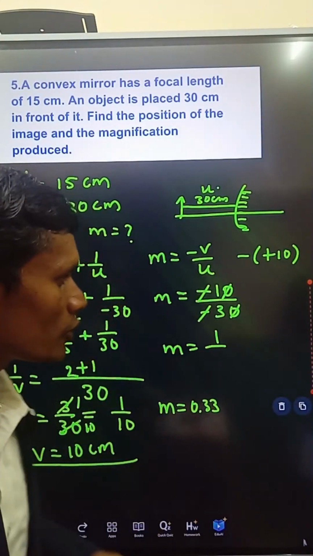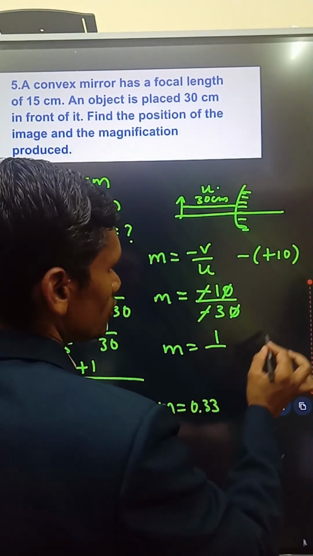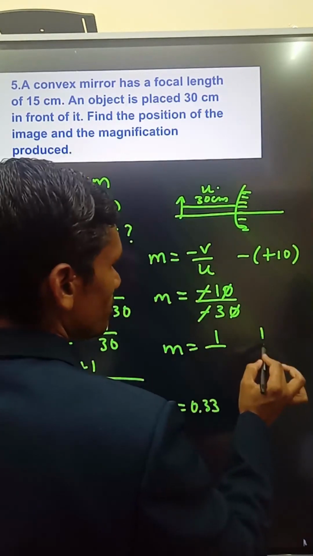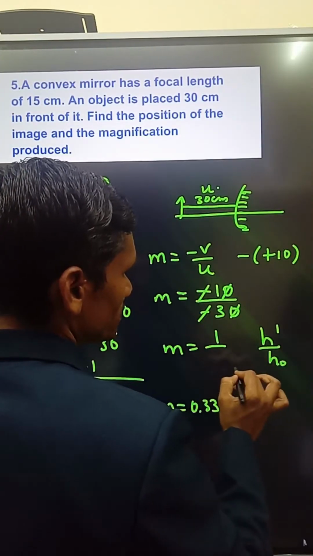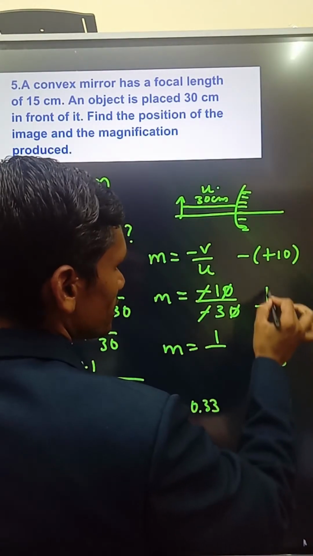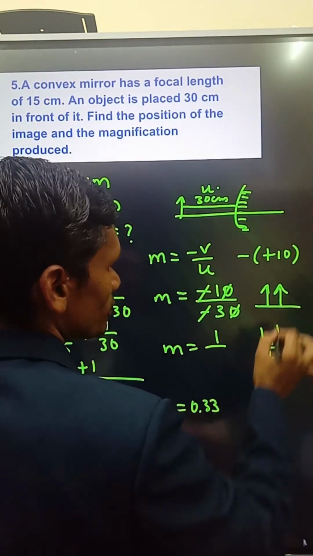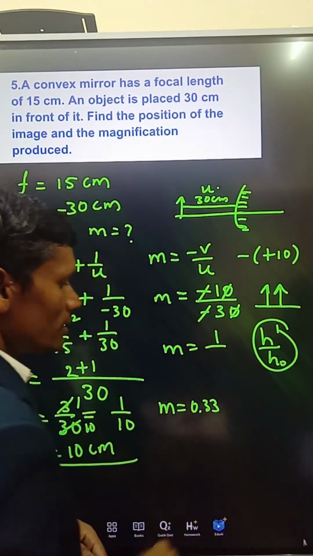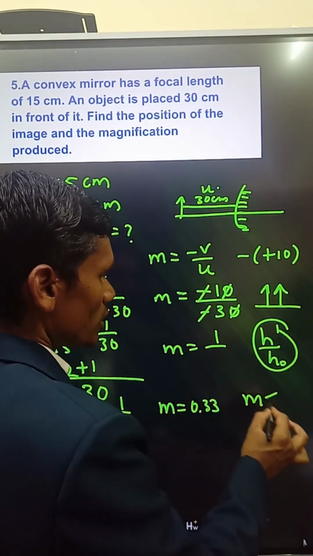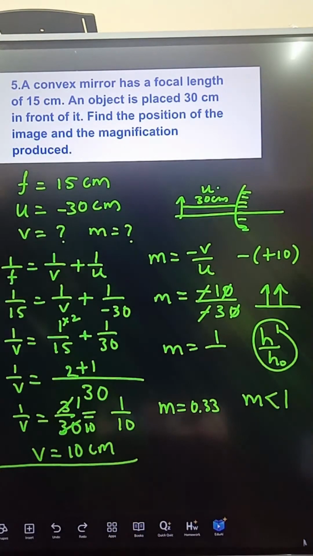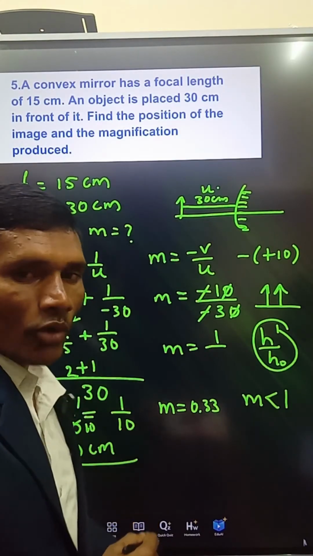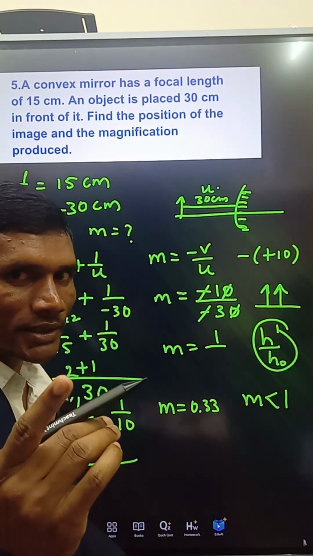Image height divided by object height, both are positive, measured above the principal axis, so magnification will be positive. But here magnification is less than 1. If the magnification is less than 1, we can understand that the image is smaller than the object size, remember.